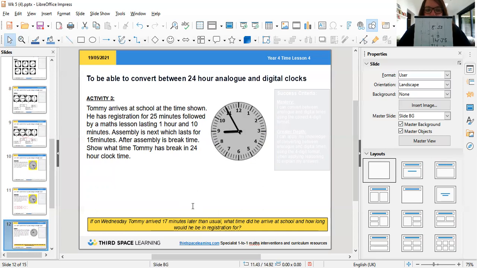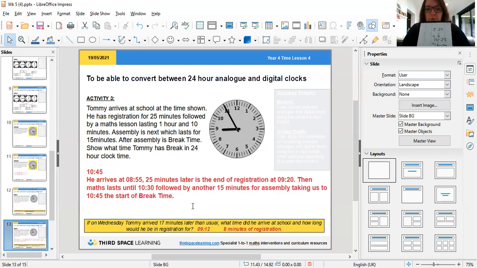After assembly's break. Show what time Tommy has break in the 24-hour clock. Okay, so you know that you can then add on 8:55 plus 1 hour 50. And then you will get down to the start of break at 10:45.